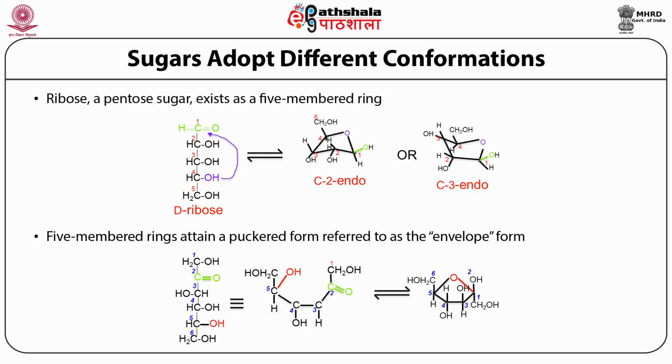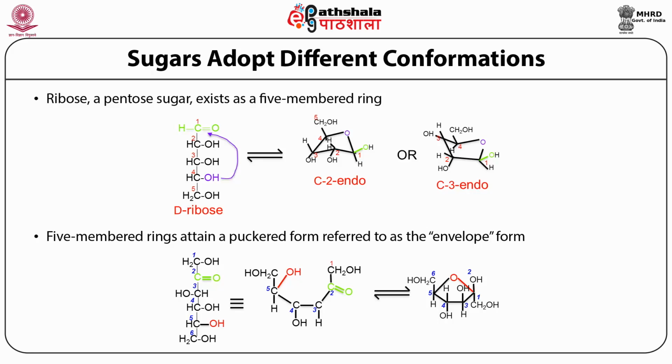In the case of 6-membered sugar, the pyranose ring exists in the chair form, while in the case of 5-membered sugar, the ring form will occur in the puckered form. So you will see a C2 endo puckered form if the C2 carbon is puckered, or you will get a C3 endo puckered form if the C3 carbon is puckered in case of the pentose sugars like ribose.